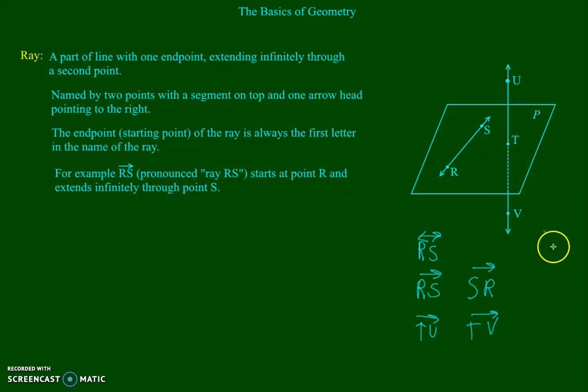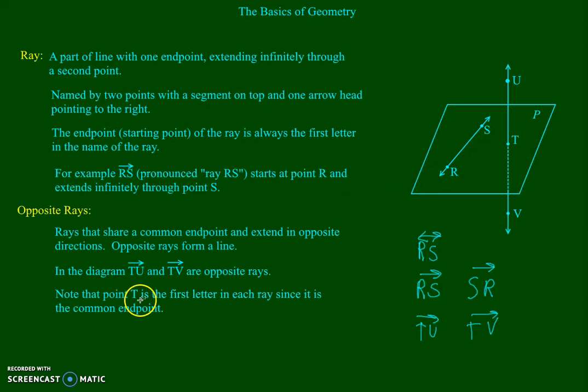The distinction being that they go in opposite directions. So 2 rays with a common endpoint extending infinitely in opposite directions is known as opposite rays. So those 2 are opposite rays.